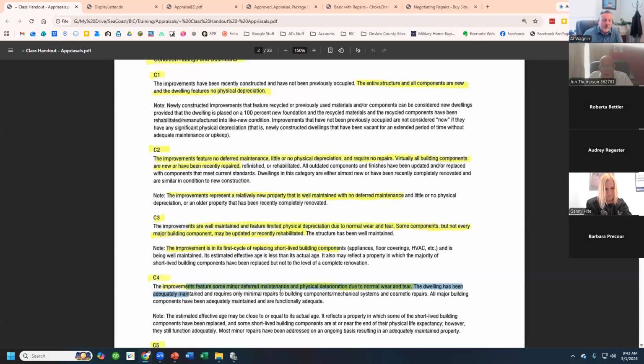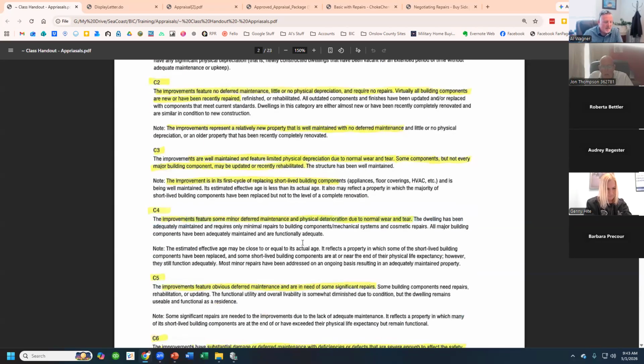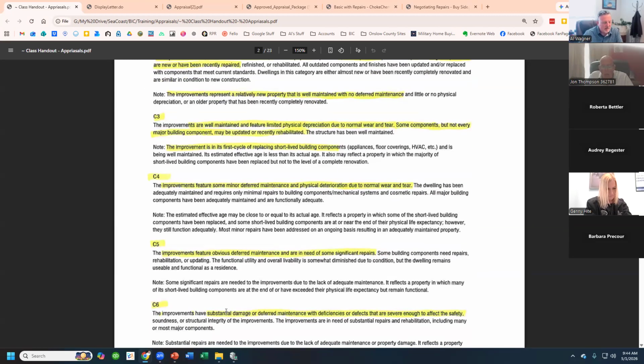C4, there's wear and tear on the property, right? May need some work. There's some physical deterioration. It's just normal wear and tear. And when you start seeing C5 and C6, you're probably going to see repairs called for in an appraisal. In other words, our improvements are obvious. There's a lot of deferred maintenance, and it's in need of some significant repairs.